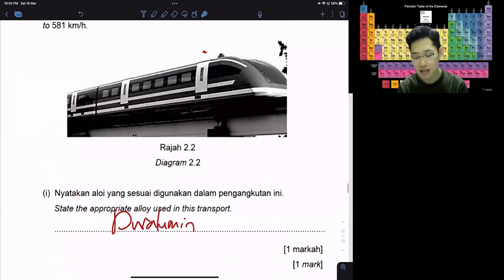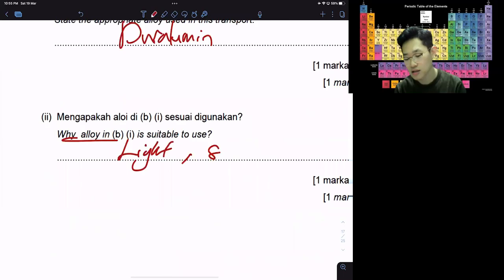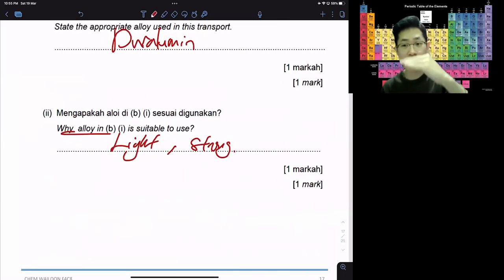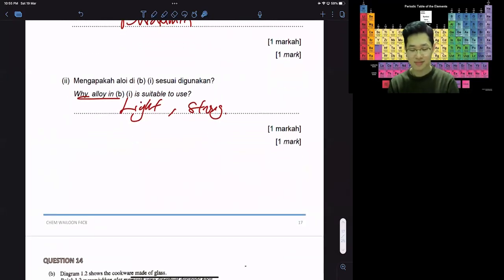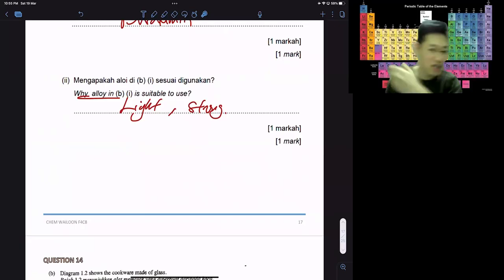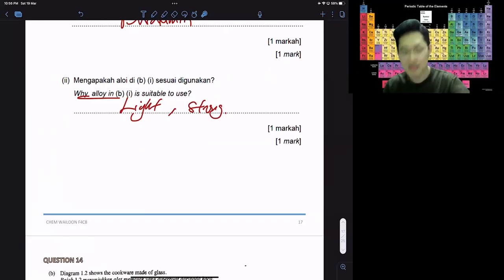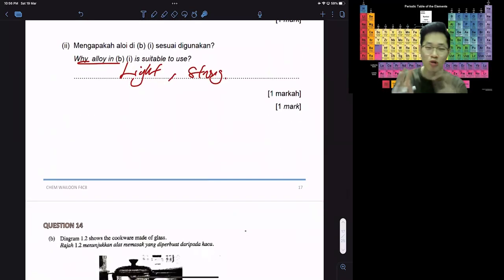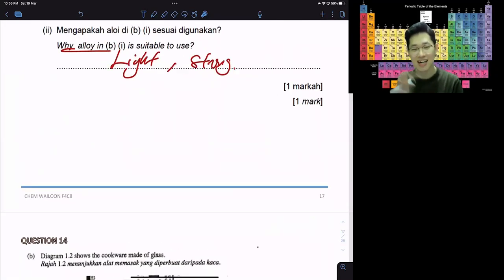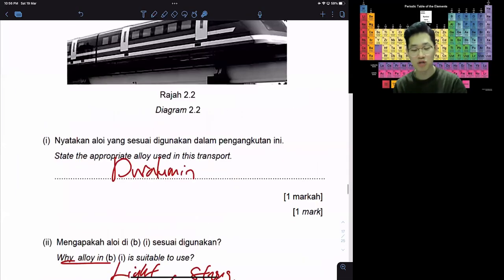Because it's light and it is strong. So when it moves at high speed, it won't be damaged. Duralumin is very good.